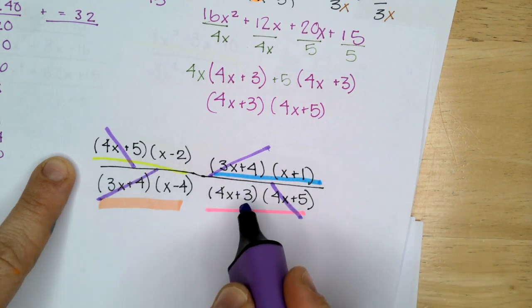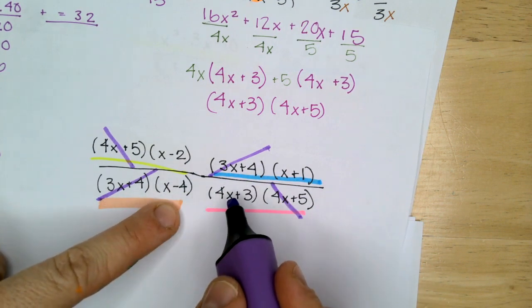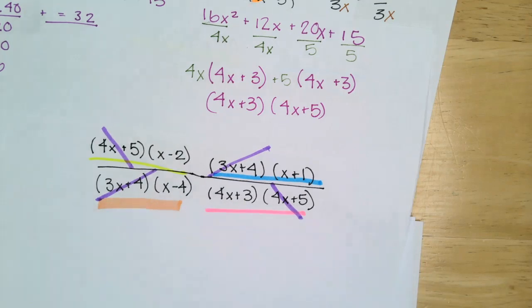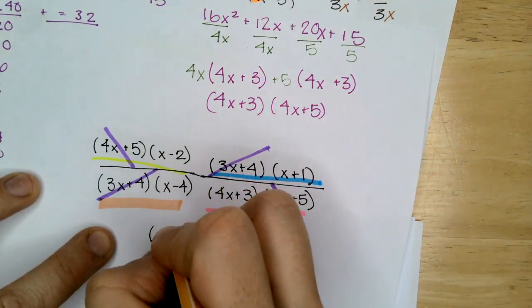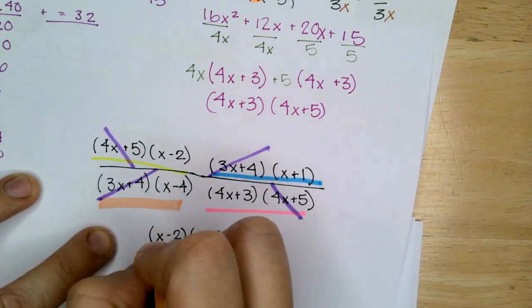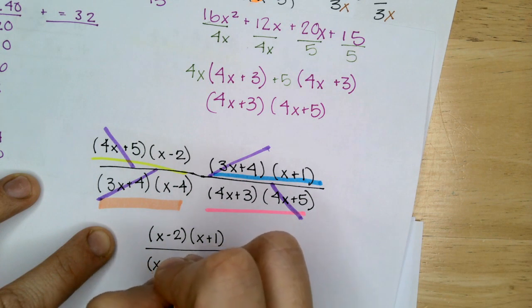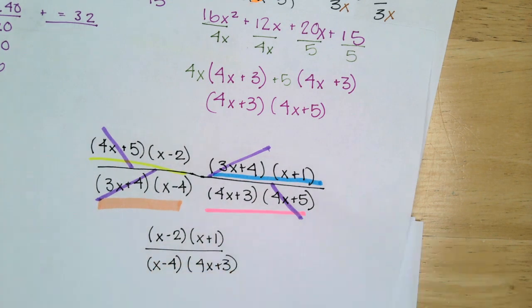I don't see an x plus 1. Down on the bottom, yes. X minus 4, no. 4x plus 3? No. So your final answer is x minus 2 times x plus 1 over x minus 4 times 4x plus 3. Okay, and they said leave it in factored form, so you don't need to do anything further.